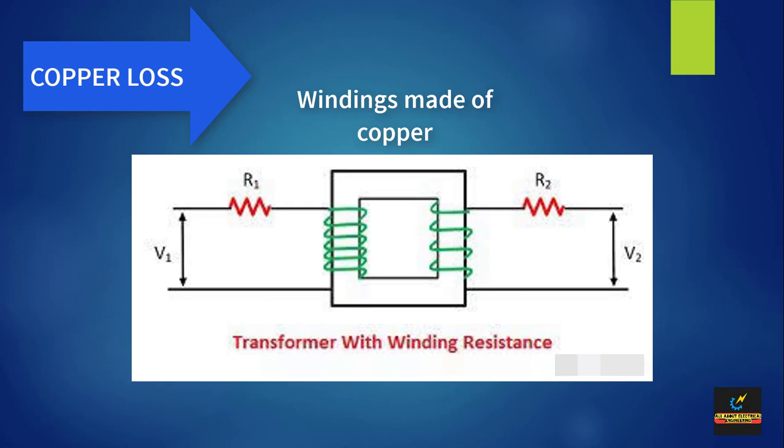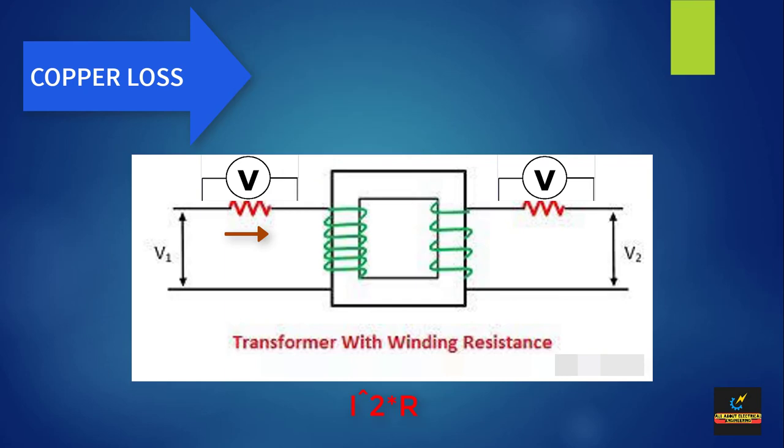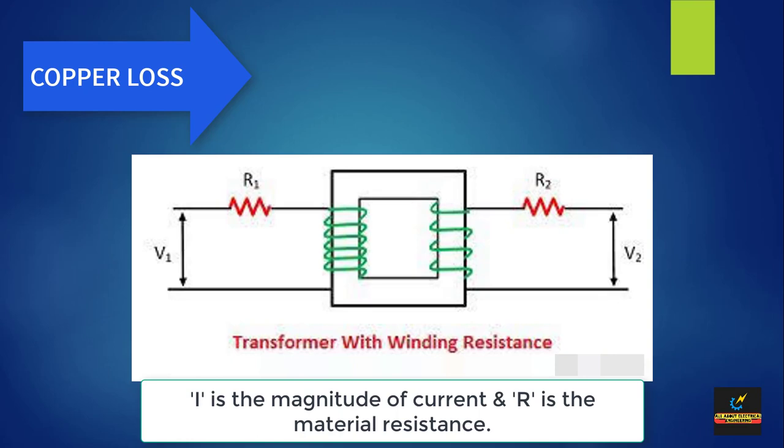So, when electric current passes through a conductor, in this case made of copper, due to the resistance of the conductor itself, an ohmic drop occurs, which can be calculated with the I square R formula, where I is the magnitude of current passing through the conductor and R is the resistance of the conductor itself.